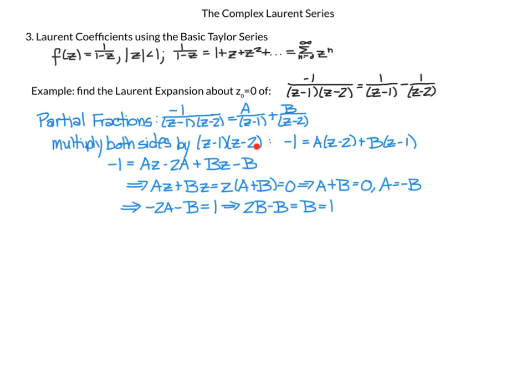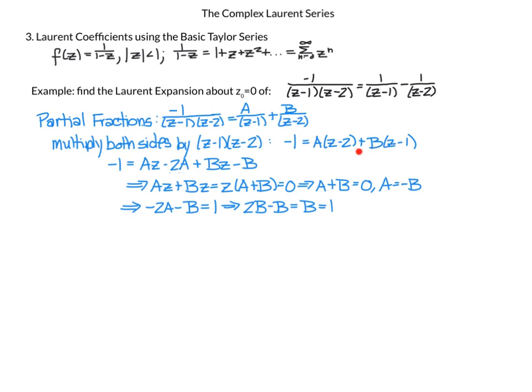On the left-hand side you get minus 1, and on the right-hand side the z minus 1 will cancel out for the a term, so you're left with a times z minus 2. And for the b term, the z minus 2 will cancel out, and you'll be left with b times z minus 1.